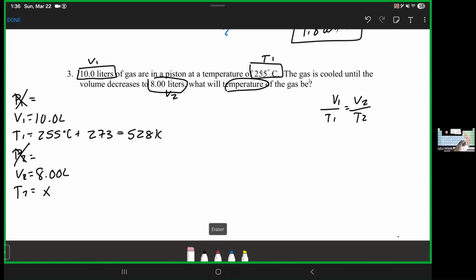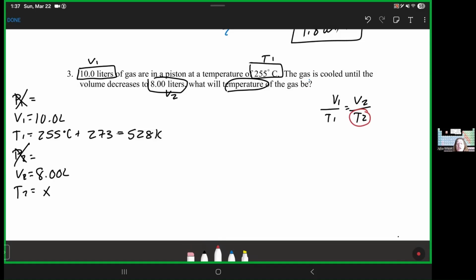Okay, we are isolating for T2. Okay, so this we need to talk about. What you're isolating for is on the bottom. You want what you're isolating for to be on the top every single time.